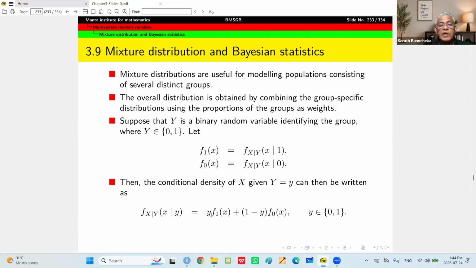So you'll get 1 times f1(x), which is the same as this. Right? So in general, for a given y, we can write down the conditional distribution of x given y as this. In this case, y can take only values 0 and 1. If y is some other value, then this will be completely 0. Right. So that is one way to write down the conditional distribution of x given y.